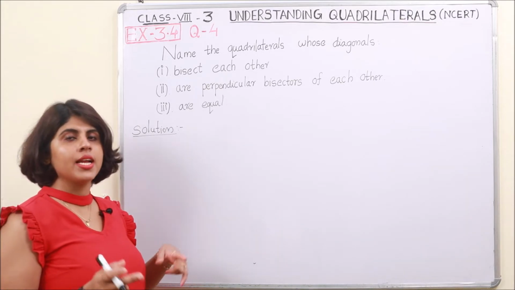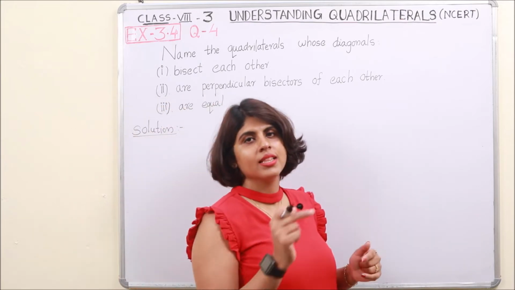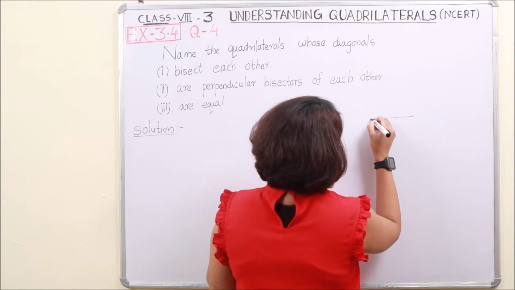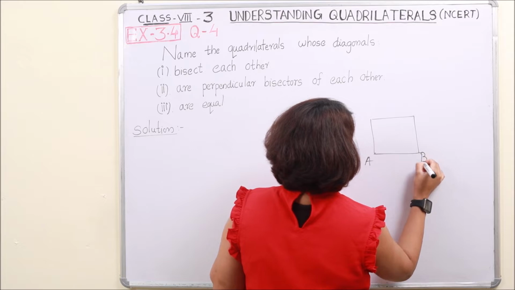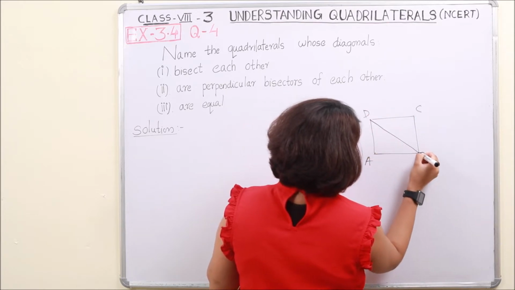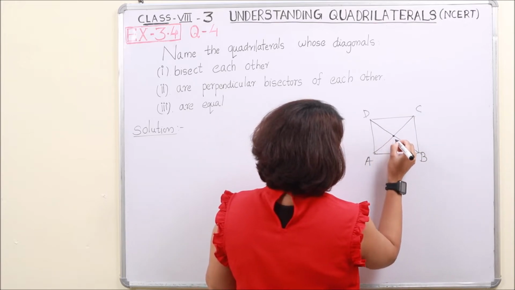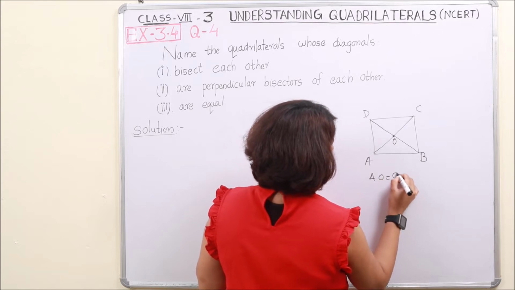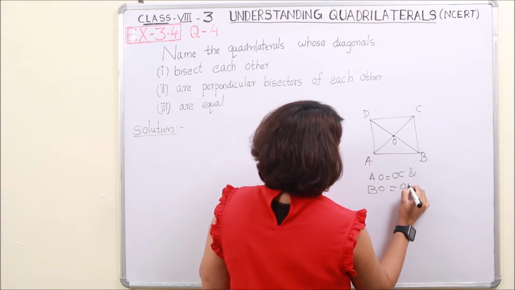We have seen in the case of a square, rectangle and rhombus, the diagonals bisect each other. See, in the square ABCD, there are two diagonals. Here we can say if this point of intersection of diagonals is O, then AO equals OC and BO equals OD.